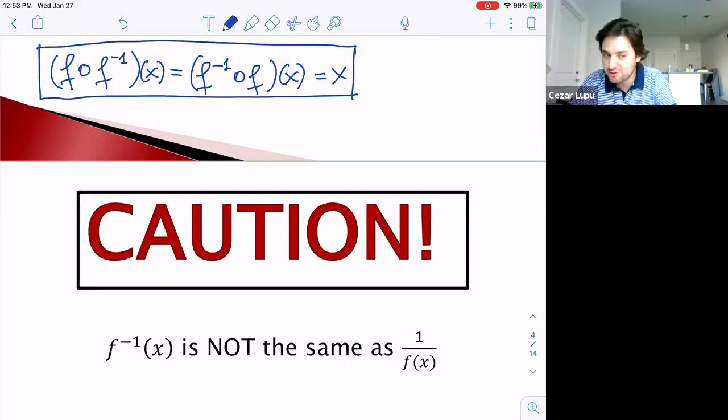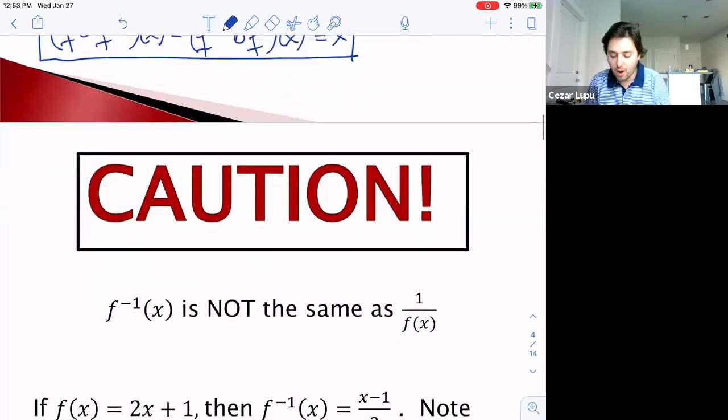You're in the danger zone if you do that, so make sure you don't. This is a big caution: F inverse of X is not the same as 1 over F of X. Please keep this in mind.